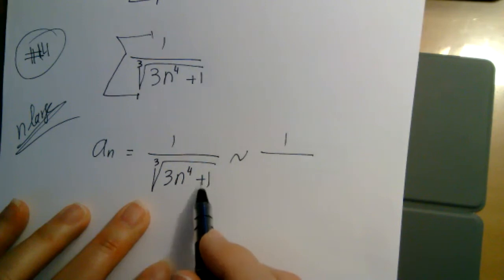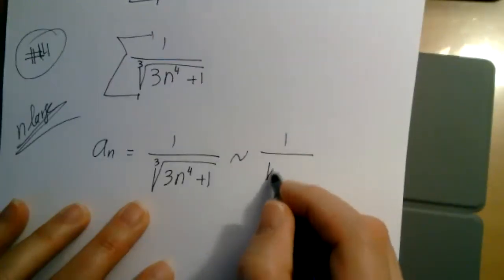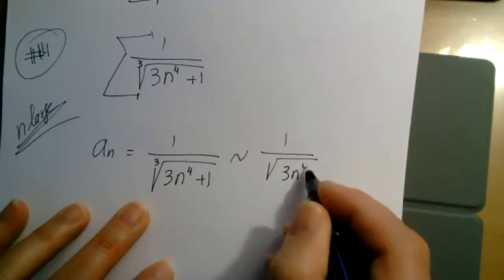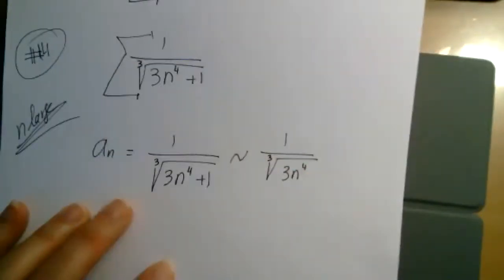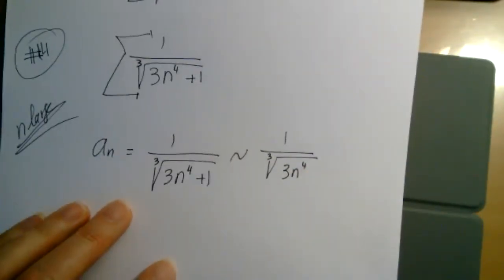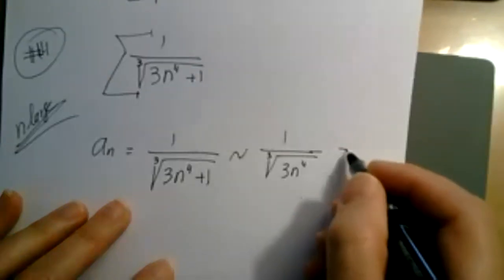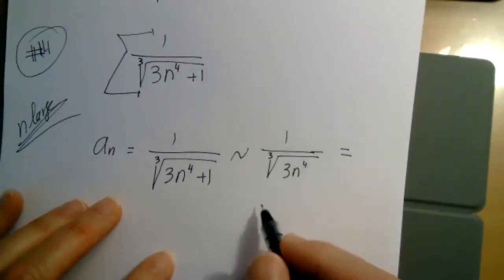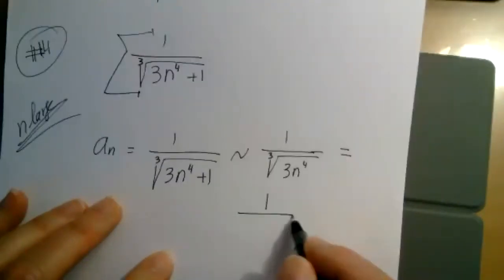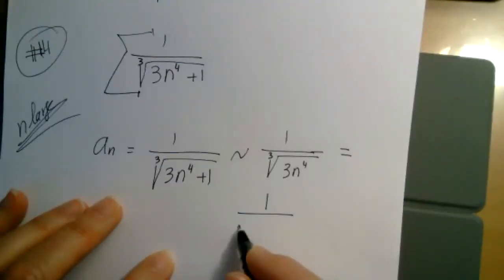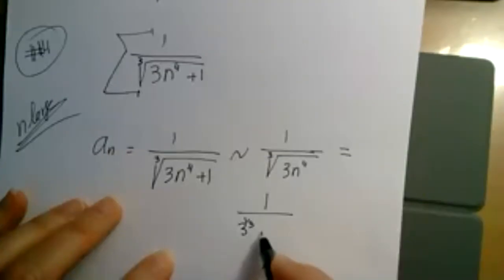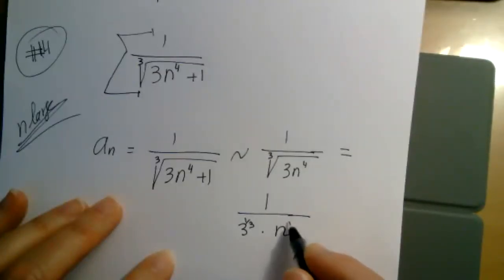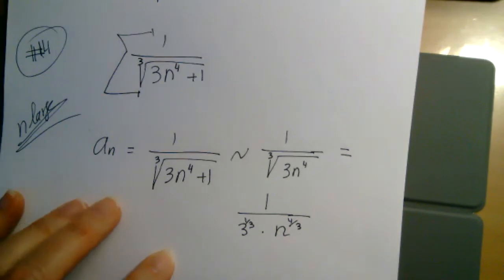Basically, you can drop the 1 and you can put the cubic root of 3n to the power 4, which is equal to, I know that the 3 is bothering us, but the 3 really should not bother us. So this is basically 1 over 3 to the power 1/3 times n to the power 4/3.